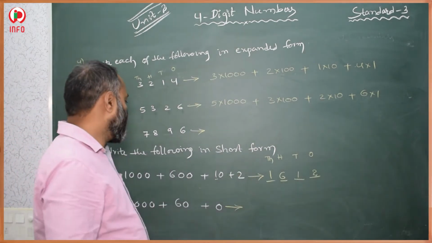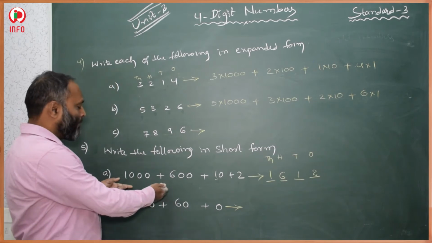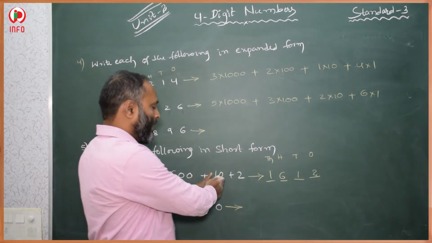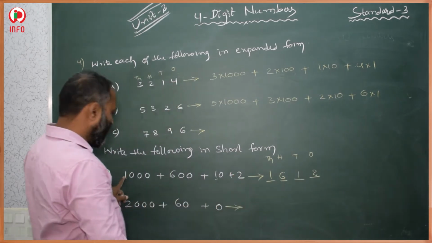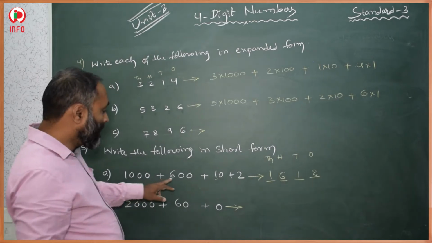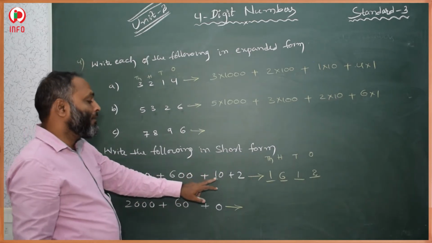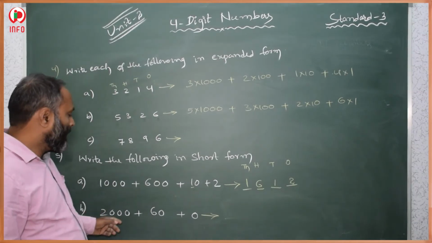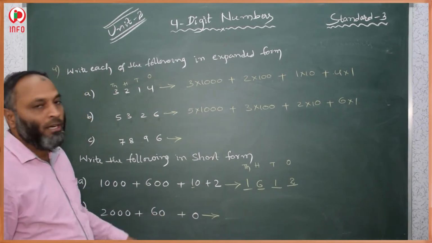This is the short form. This is the expanded form given: 1000, 600, 10 and 2. 1 is in thousands place, 6 is in hundreds place, 1 in tens place, and 2. Second question.